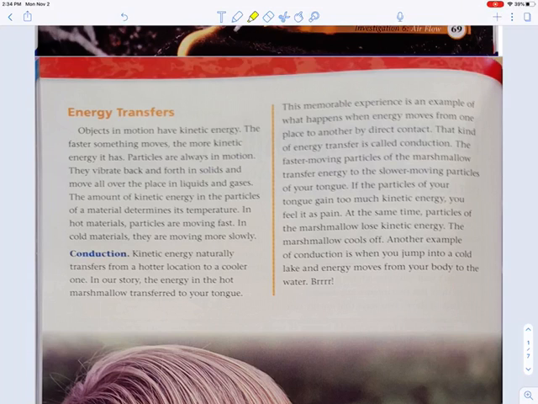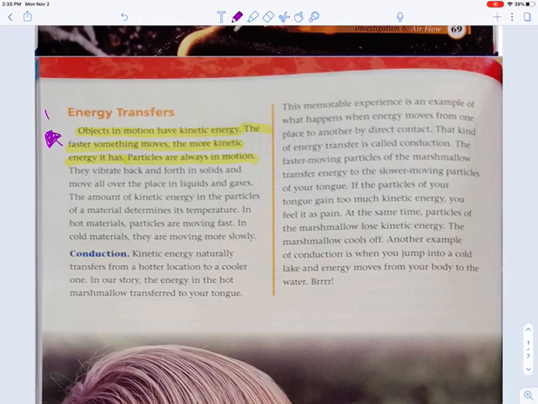Energy transfers. Objects in motion have kinetic energy. The faster something moves, the more kinetic energy it has. Particles are always in motion. When I think about this, this also provides a connection. So I'm going to put that arrow next to it.